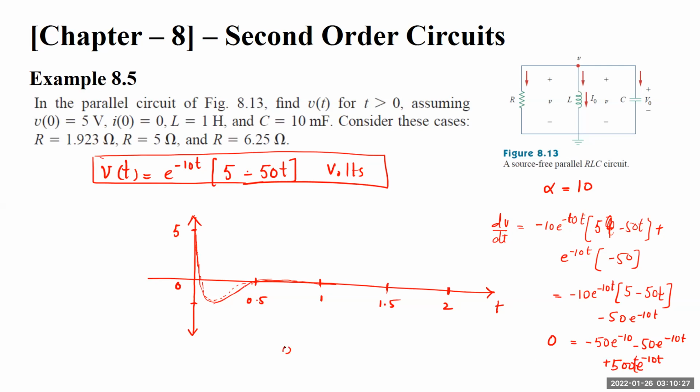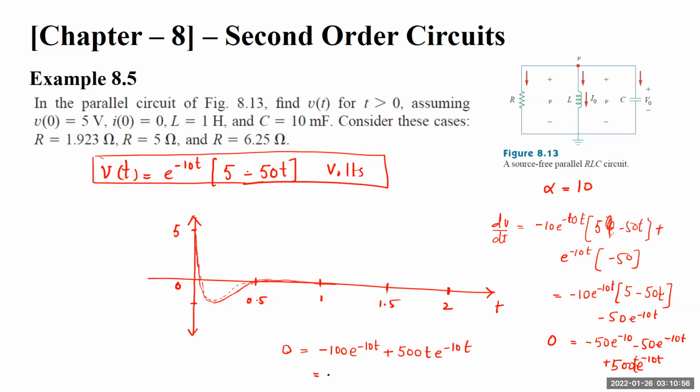So we get 0 equals minus 100 e raised to power minus 10t plus 500 t e raised to power minus 10t. We have to find the value of time when this equation is equal to 0. So we basically have to solve this.